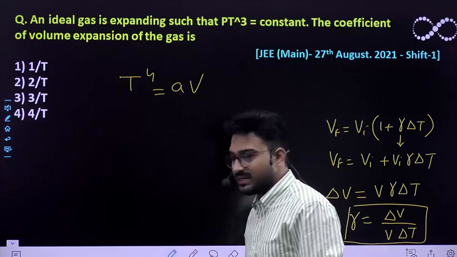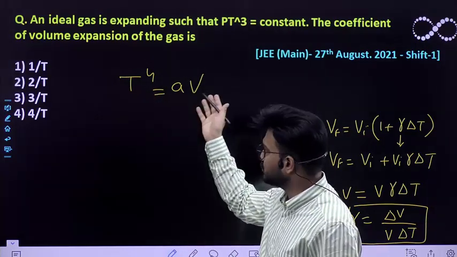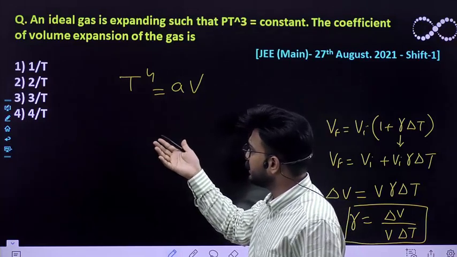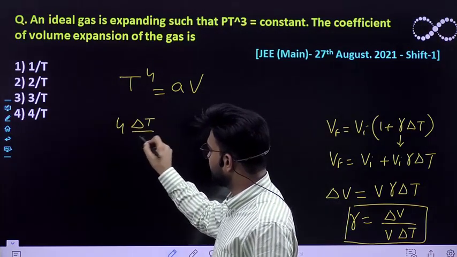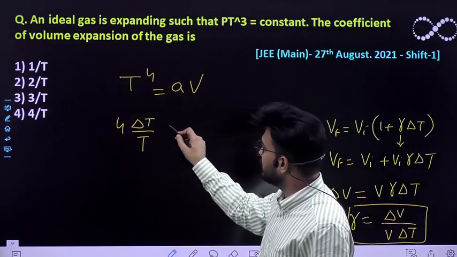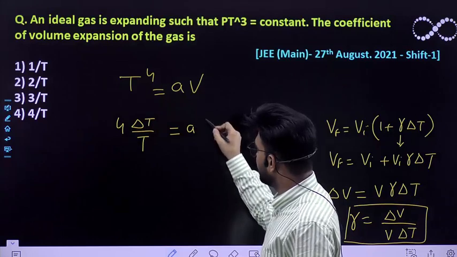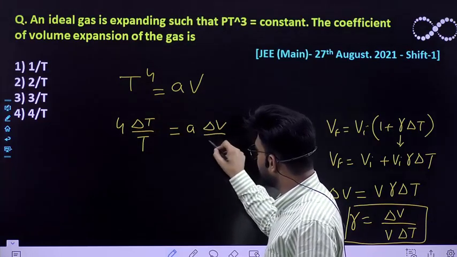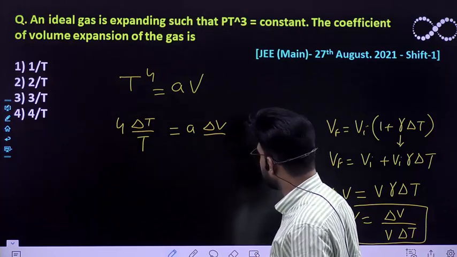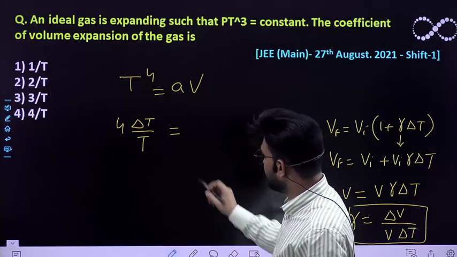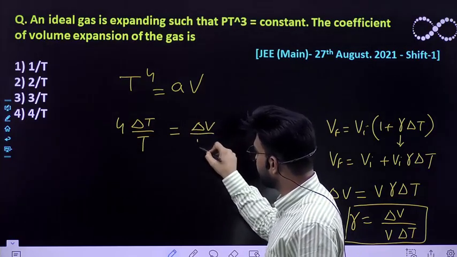Now we also know that if temperature is changing, volume is also changing, so this can be given by the relationship 4 times delta T by T must be equal to delta V by V. The constant a need not be written again and again, so it is easily written as delta V by V.